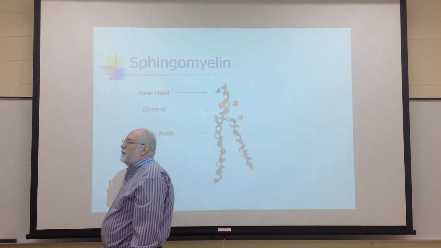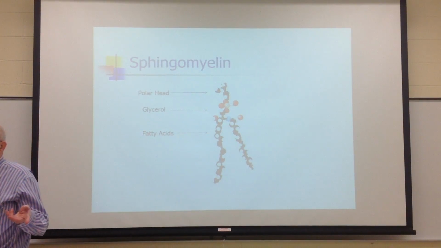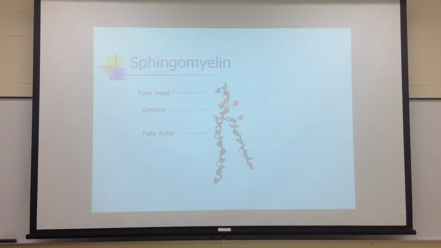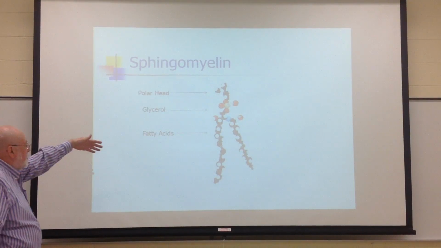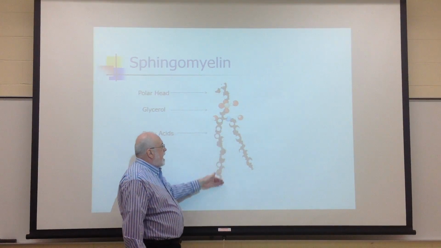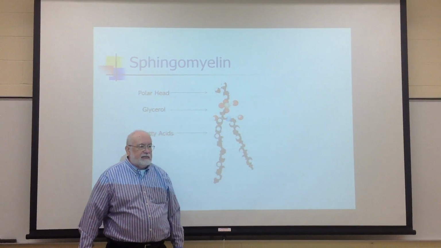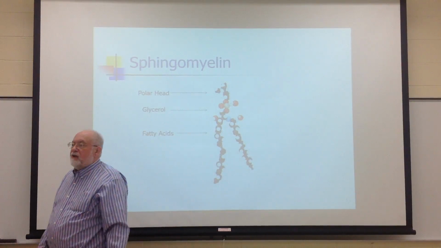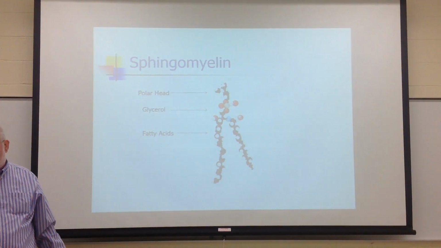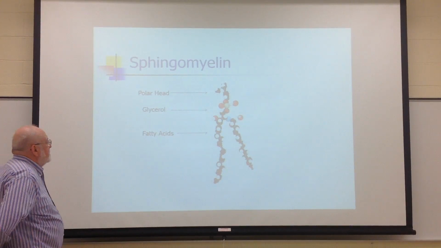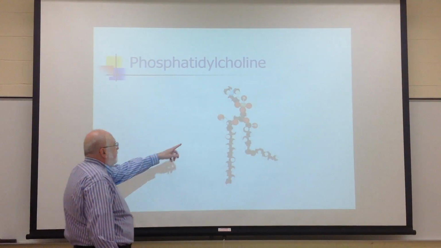Here we have a couple of models of some phospholipids. You'll notice in this one, there's the polar head, there's the glycerol part, and then here are those nonpolar tails that are made up of the fatty acids. And you notice these are fairly linear. But if we take a look at this next one, look at that.